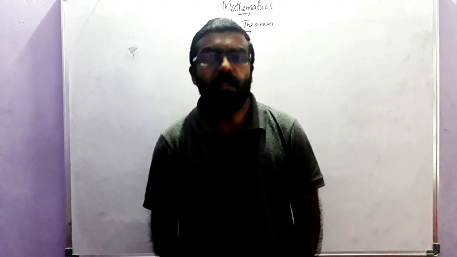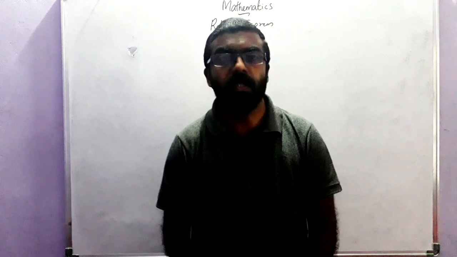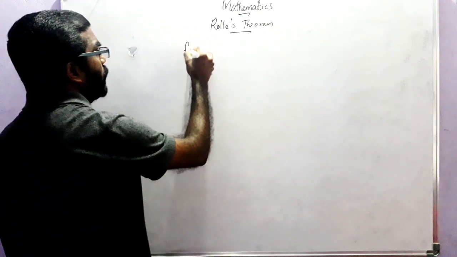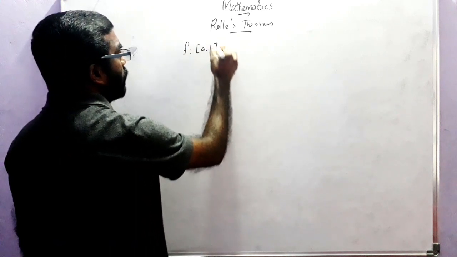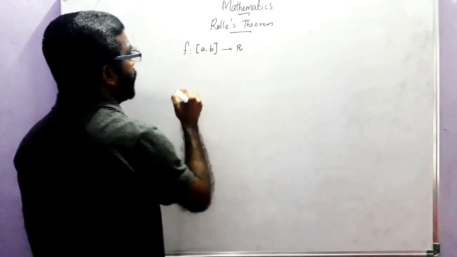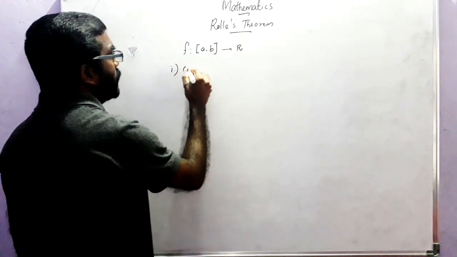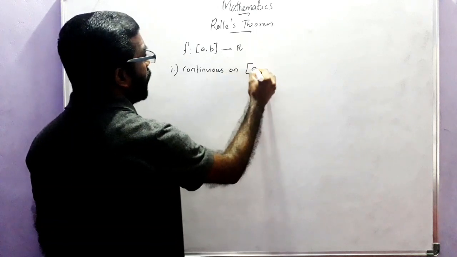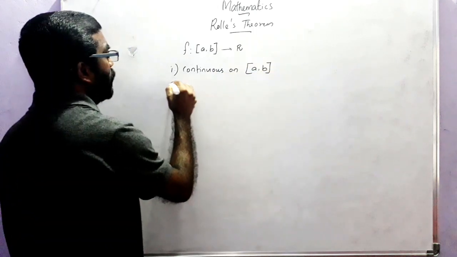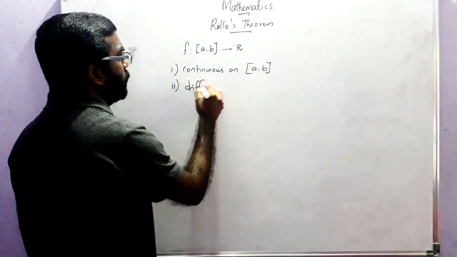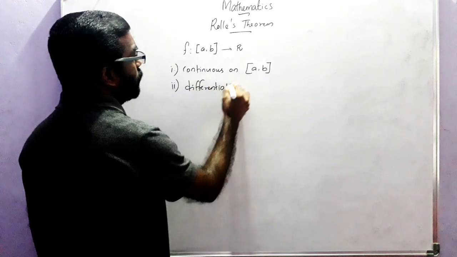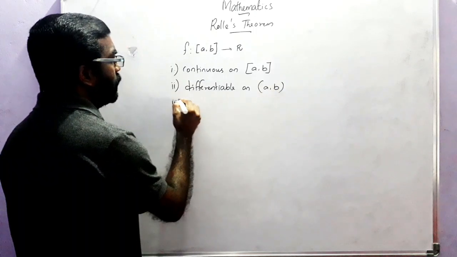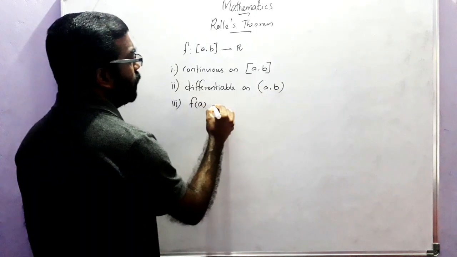Namaste. In this session, we are going to discuss a new topic, Rolle's theorem. According to Rolle's theorem, let f from closed interval [a, b] to R be a function which is continuous on closed interval [a, b] and differentiable on open interval (a, b) such that f of a is equal to f of b.